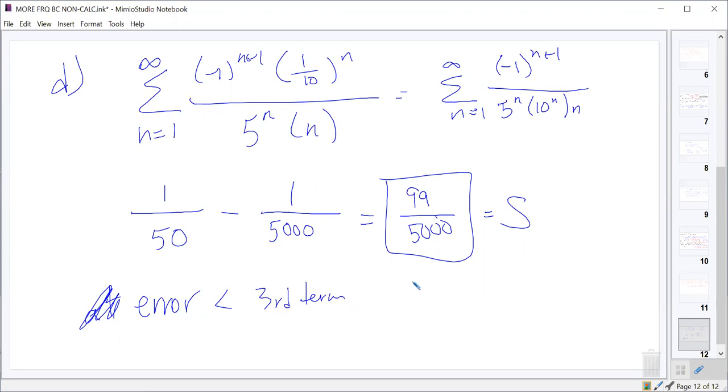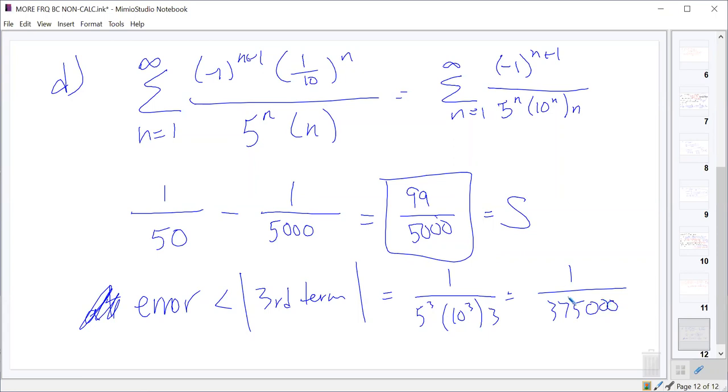Our third term ought to be -1 to the fourth power here, which is just going to be 1, and then 5 cubed times 10 cubed times 3, which ought to be 1 over 125 times 3 is 375 times 1,000.